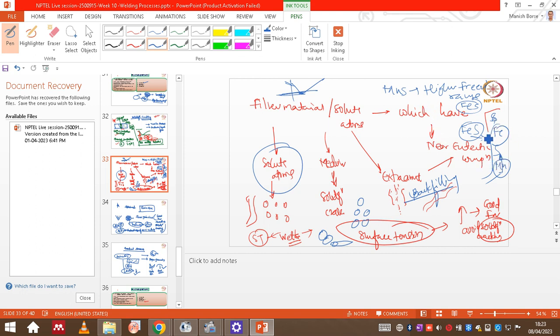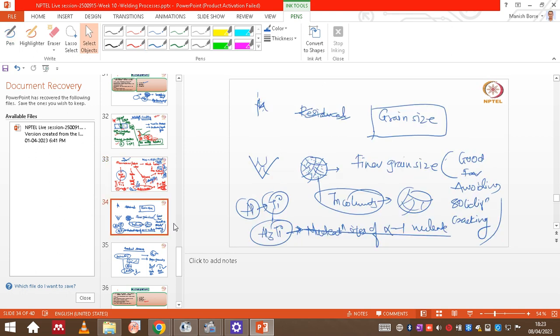So these things can improve or prevent the solidification crack. And another factor we can mention here is grain size, right? Let's say we consider a material which has undergone columnar grain growth.